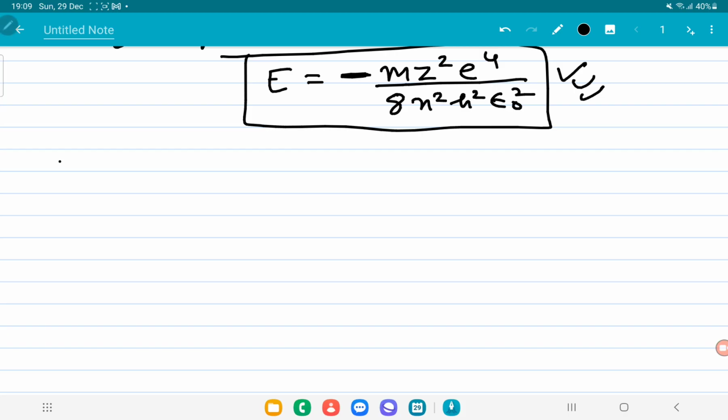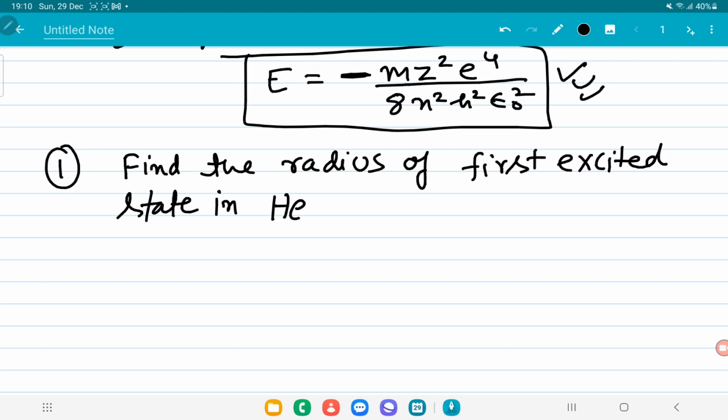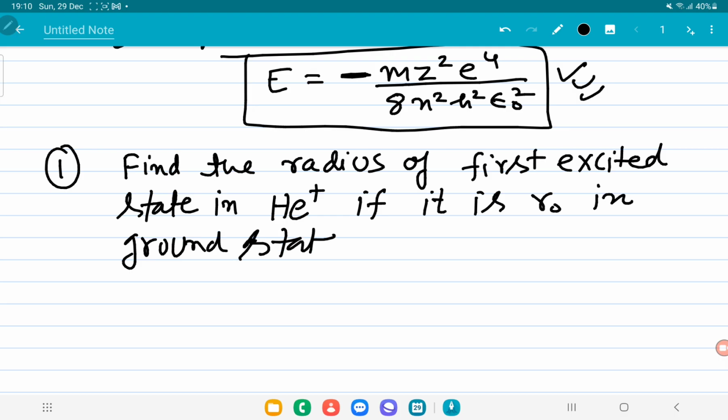For example, problem number 1: find the radius of first excited state in helium plus, if it is R naught in ground state of hydrogen atom.